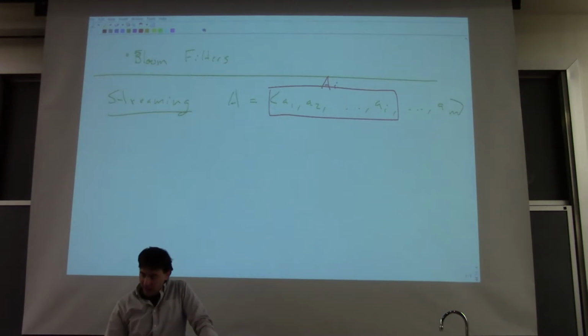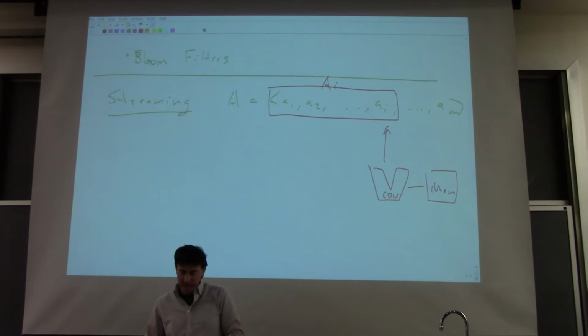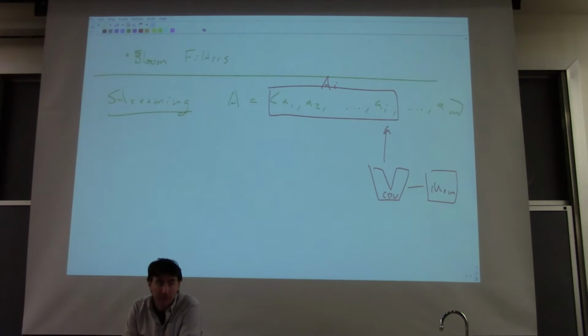We're processing this. We see this one item where we get to do something fast with our CPU, and we have a memory which is of limited size. So we're trying to keep some statistics on this using a small amount of memory. For the frequent items problem, we're assuming that each of these A_i comes from some universe of bounded size n.